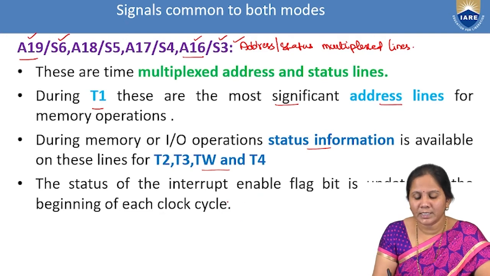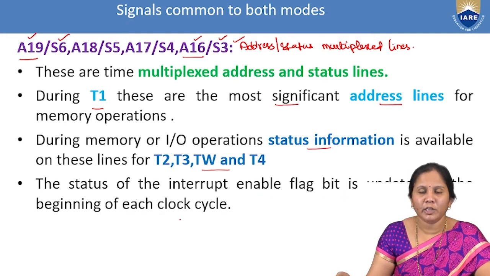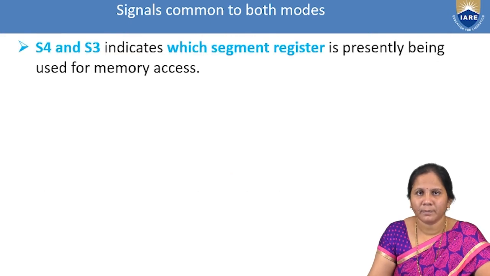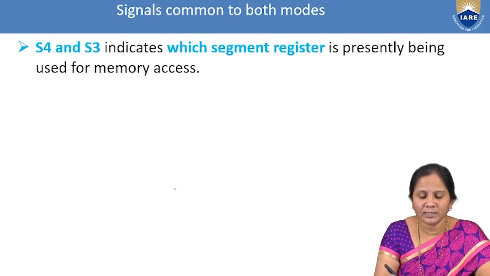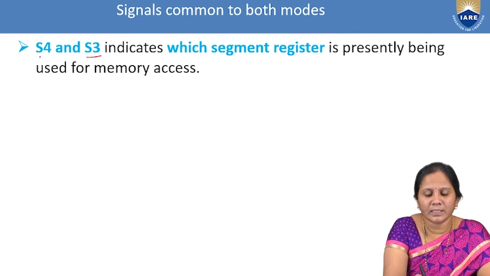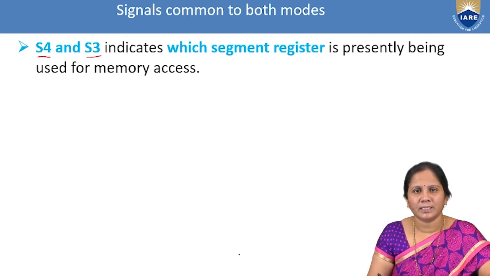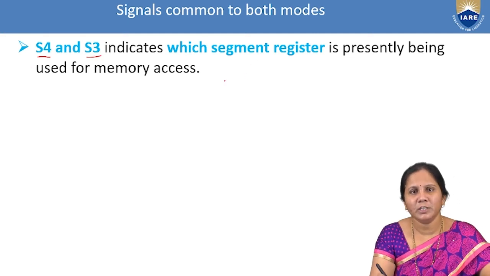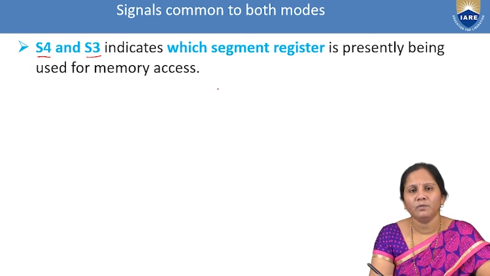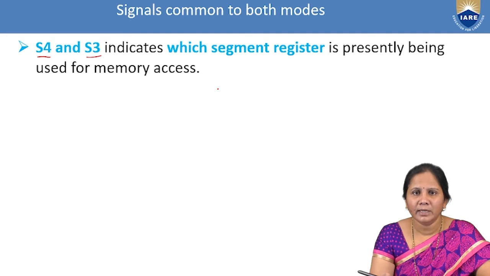Here the status of the interrupt enable flag bit is updated at the beginning of each clock cycle. Coming to the status signals multiplexed with the address lines, they are S3 to S6. The status lines S3 and S4 are the two lines which decide the segment register.